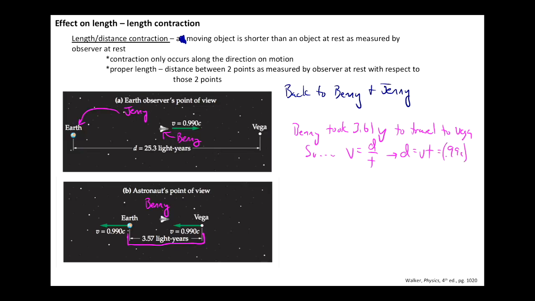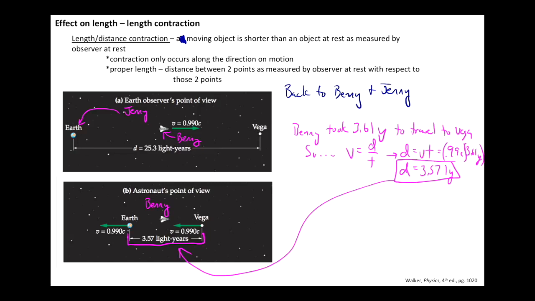And we also know that the time was 3.61 years. If you plug those numbers in and see the distance that he traveled, you will quickly see that it's not 25.3 light years anymore. Instead, it's 3.57 light years, which you can see is down there in our diagram.